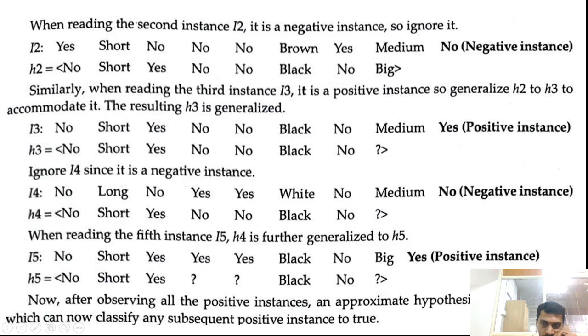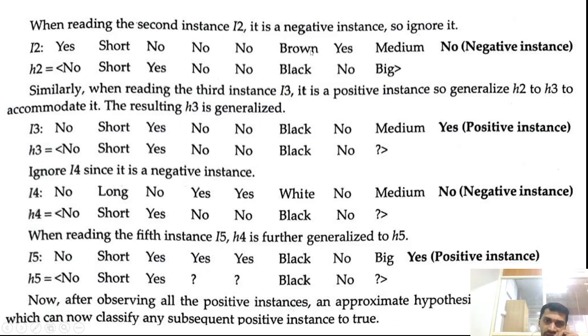That is no, meaning a negative instance that does not classify as elephant. So I am ignoring this because it is not classifying elephant. Why should I consider its attributes to alter or generalize my hypothesis?